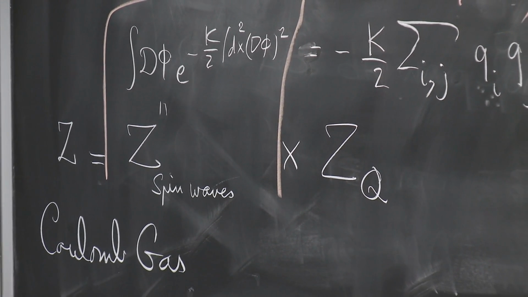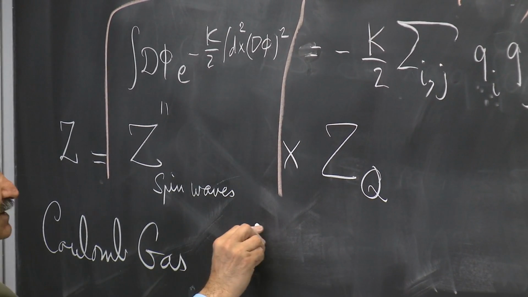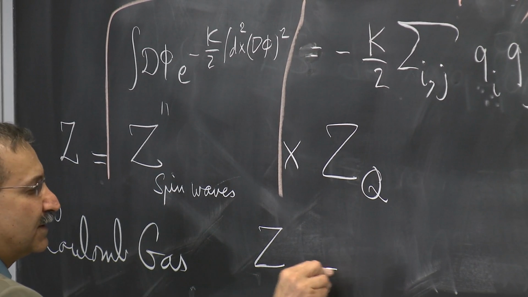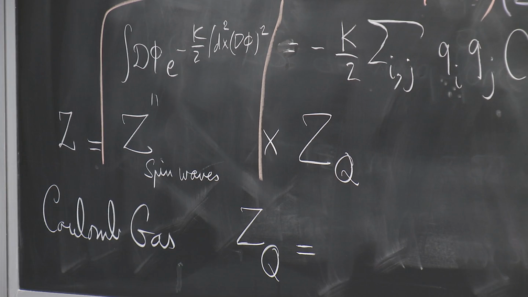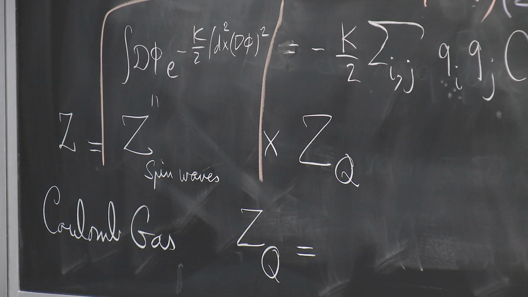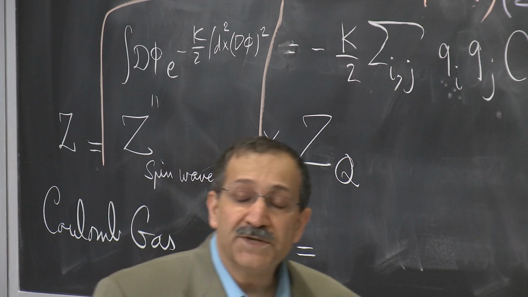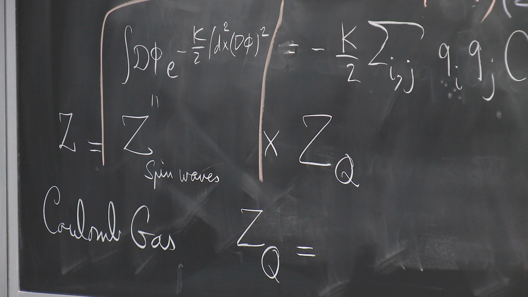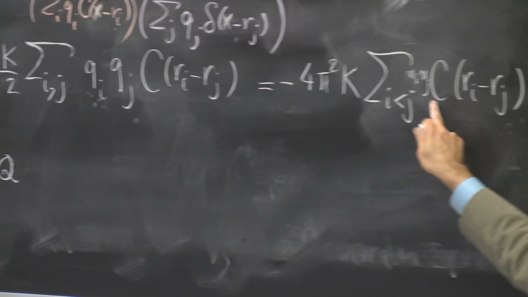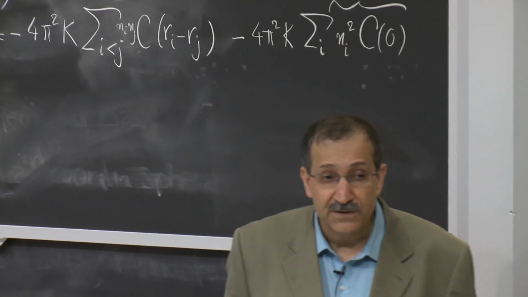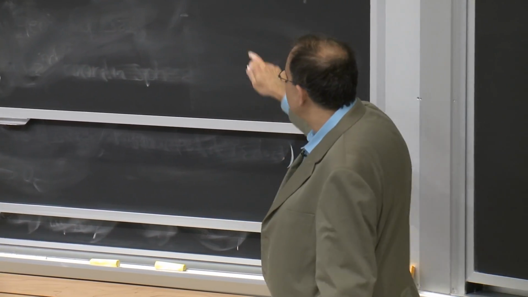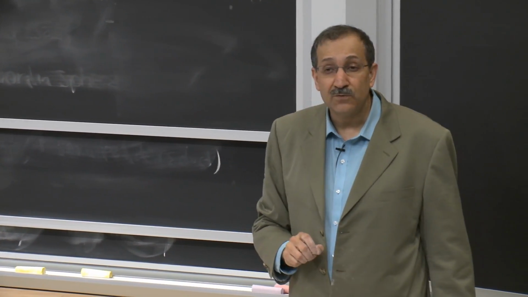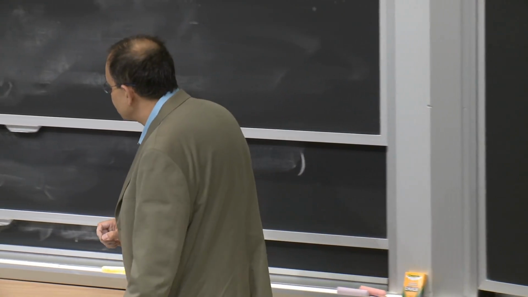Because this partition function Z_Q is like I'm trying to calculate a system of degrees of freedom that are characterized by charges n that can be anywhere in this two-dimensional space, and the interaction between them is governed by the Coulomb interaction in 2 dimensions.